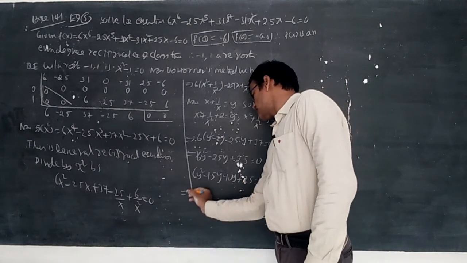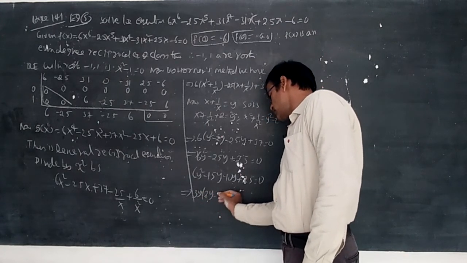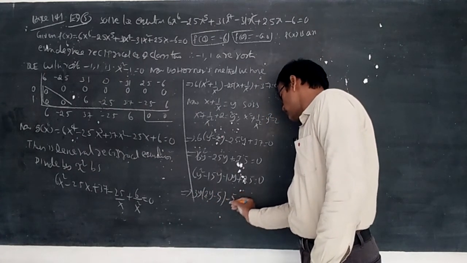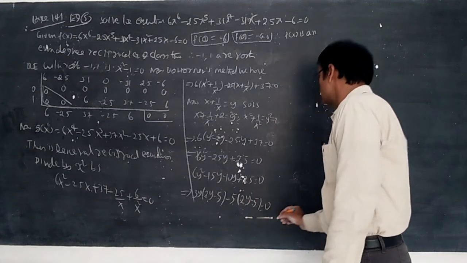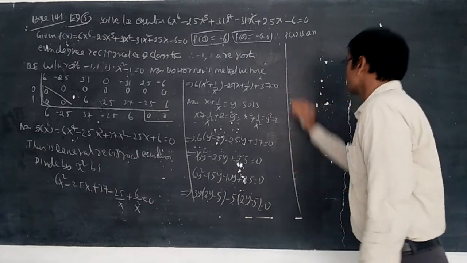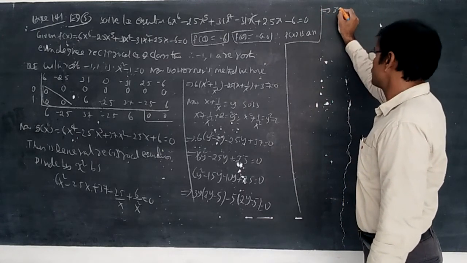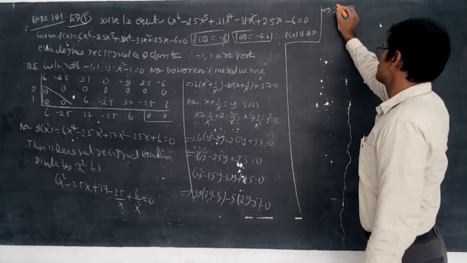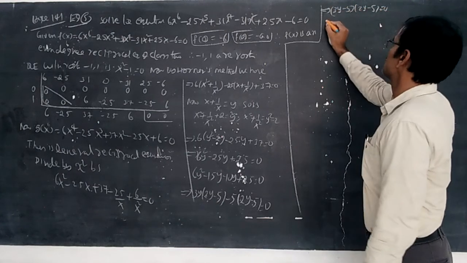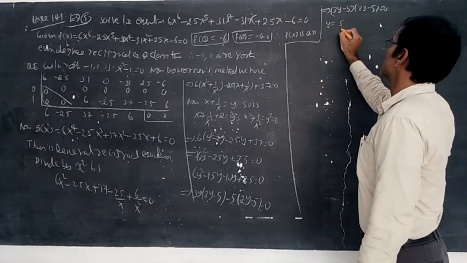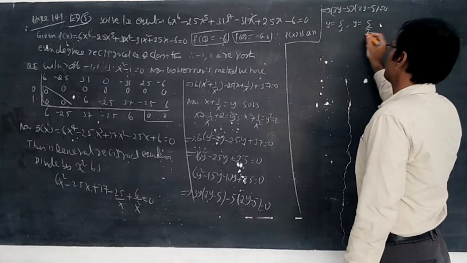That implies you can take here 3y common. It becomes 2y minus 5. Minus 5 take common. It becomes 2y minus 5. So we got here 3y minus 5 into 2y minus 5 equal to 0. You can understand here y equal to 5 by 3 comma y equal to 5 by 2.